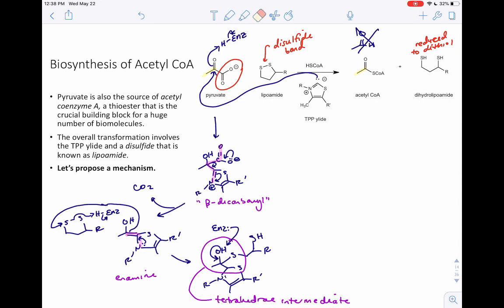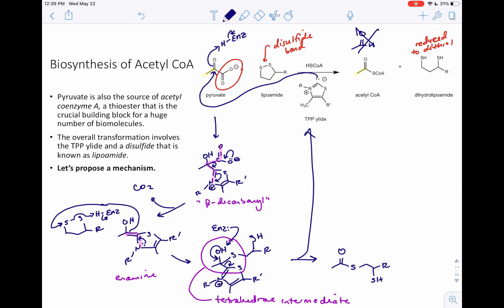All right. And so we need to break one of the remaining bonds to the carbonyl carbon, and we're actually going to expel the TPP ylid. We're going to get this interesting intermediate.